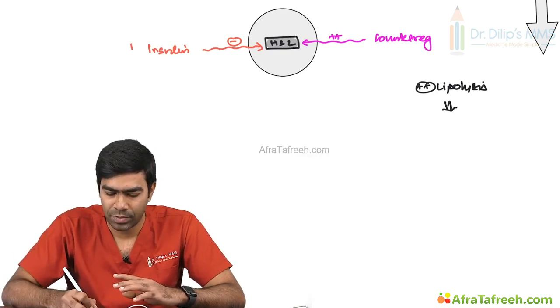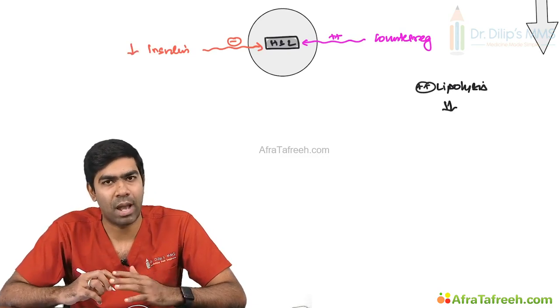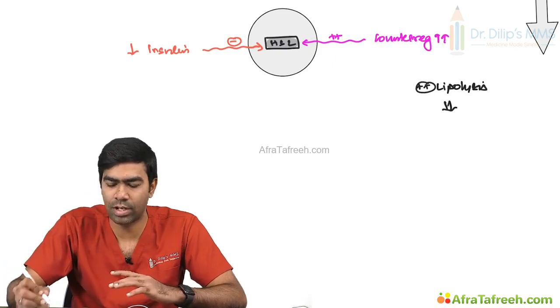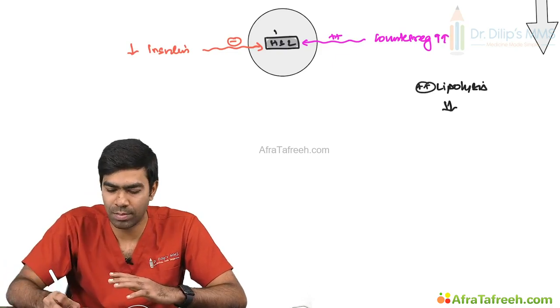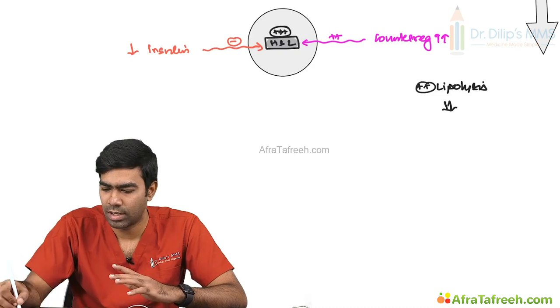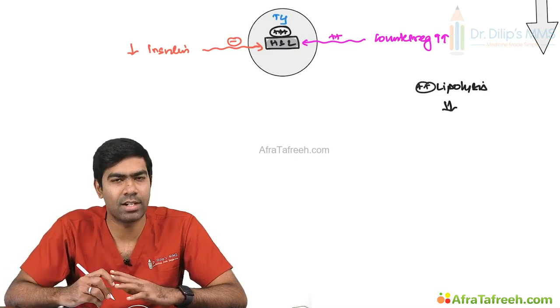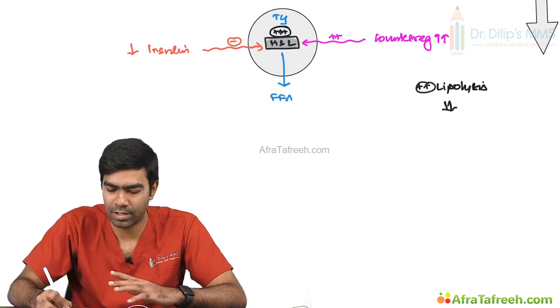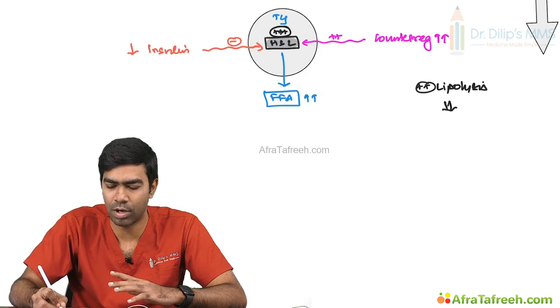Because in DKA, there is going to be absolute or relative insulin deficiency and excessive counter-regulatory hormones, the hormone-sensitive lipase is going to become really active, converting the triglycerides present within the adipocytes to free fatty acids. So there's going to be excessive free fatty acids in the body.